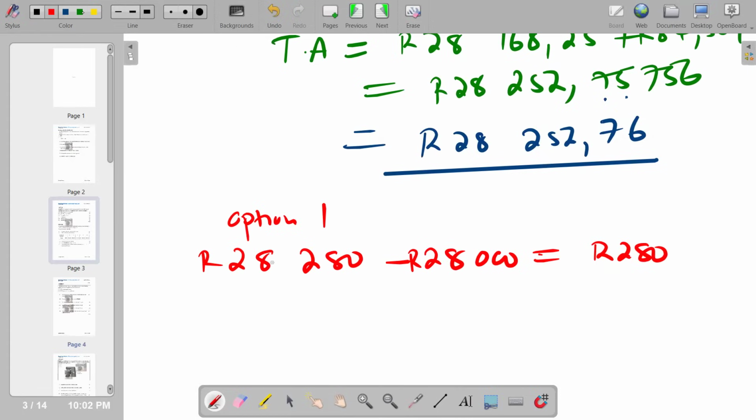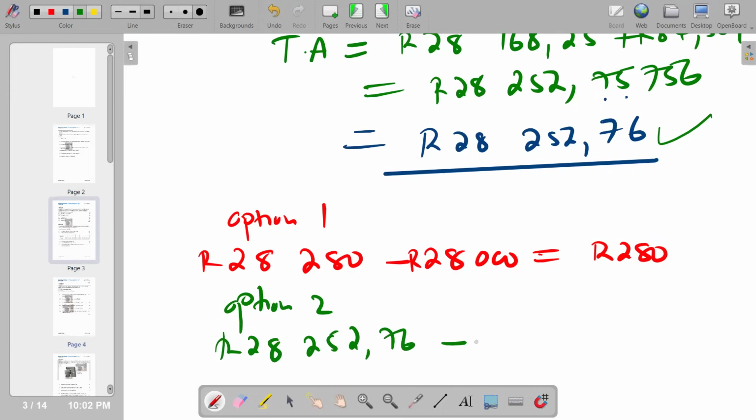So option 2, the final total amount for the third month is 28,252.76, and of course we subtract the initial amount, which is 28,000. So let's see what we get there. We are going to get your answer is 252 rands, 76 cents. Then we go back to the question to see what it says.